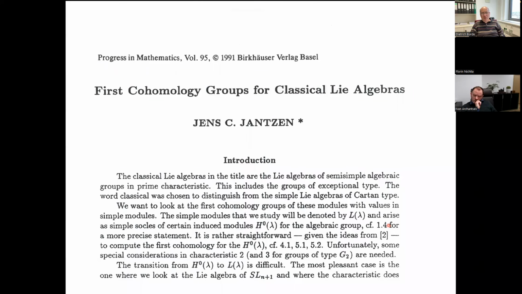It turned out that Jens Carsten Jantzen gave a very big help for this. He took up this problem and wrote an article where he computed first cohomology groups for classical Lie algebras, that is, the ones which arise in this existence question for pre-Lie algebra structures, and gave so many technical details that it was possible to continue this question.